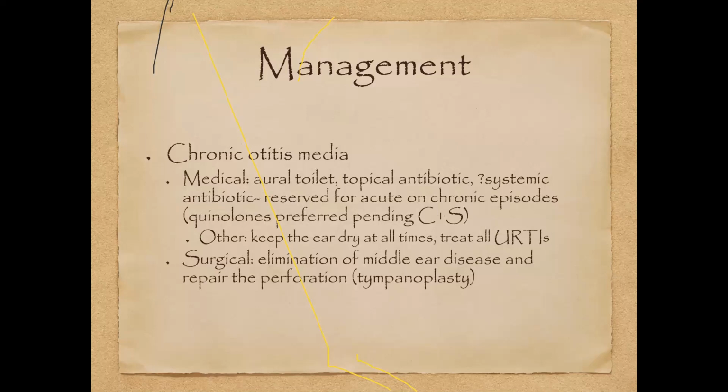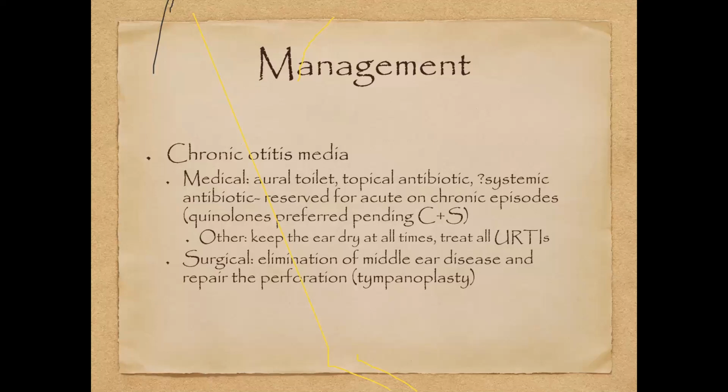Surgical management of chronic otitis media: because they have a perforation, we do what we call tympanoplasty. Tympanoplasty includes reconstruction of the middle ear ossicular chain with reconstruction of the TM. If we only want to reconstruct the TM, it's called myringoplasty.